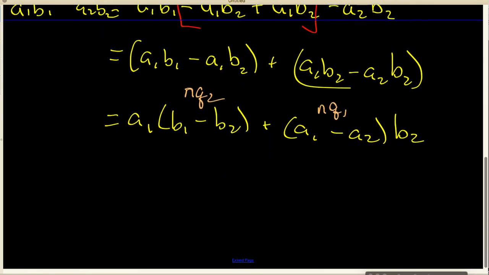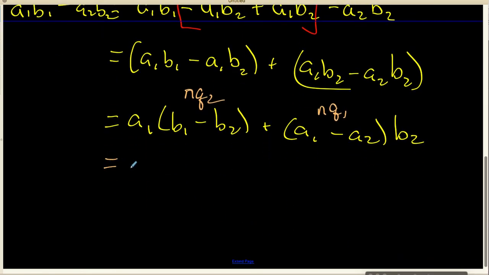So our next step winds up simplifying things down to A1 times n times Q2 plus n times Q1 times B2.